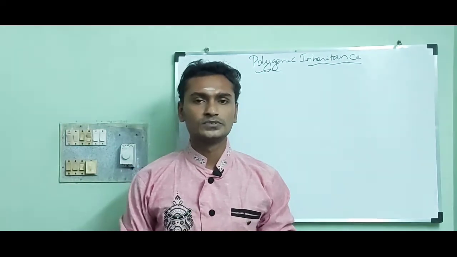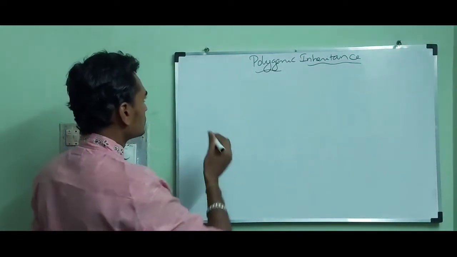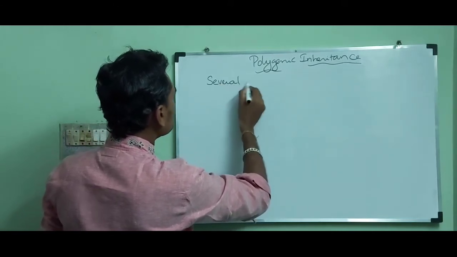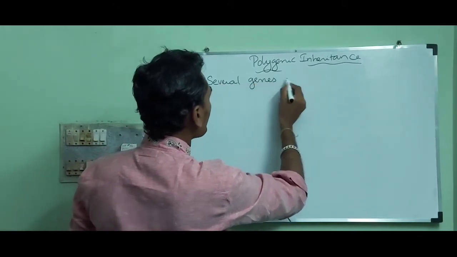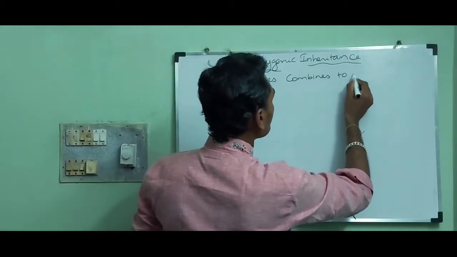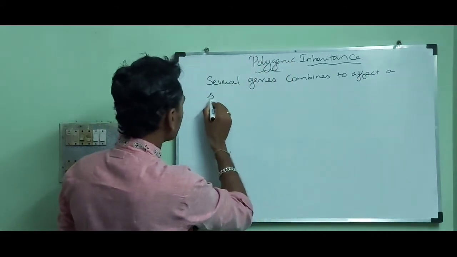Now I am going to write the definition of polygenic inheritance. So several genes combine to affect a single trait.